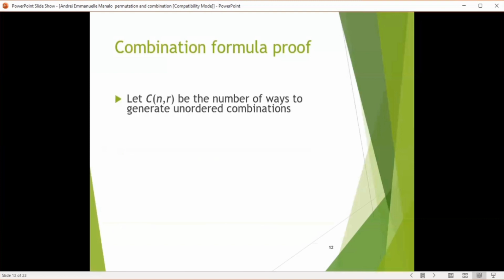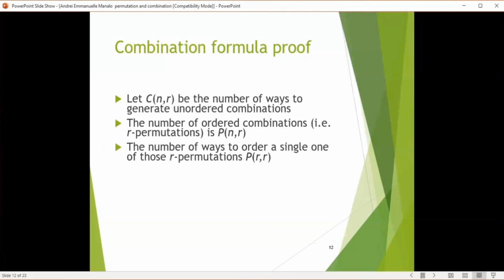Let C(n, r) be the number of unordered combinations. The number of ordered combinations, i.e. r-permutations, is P(n, r).